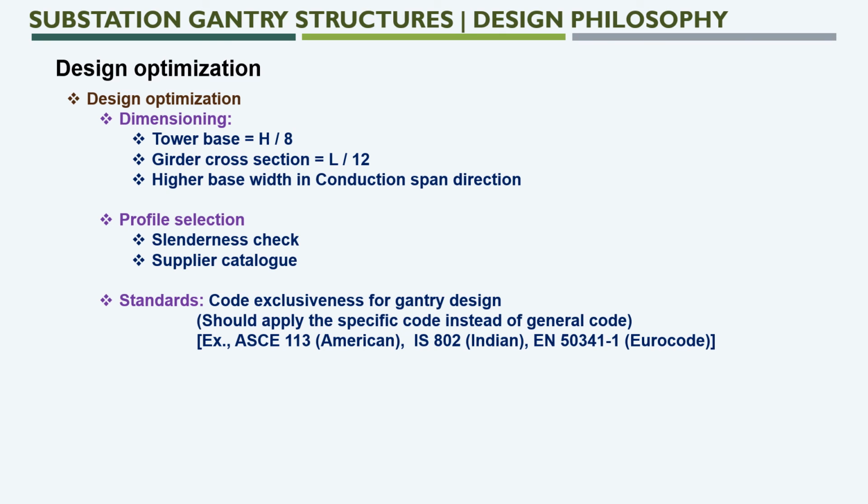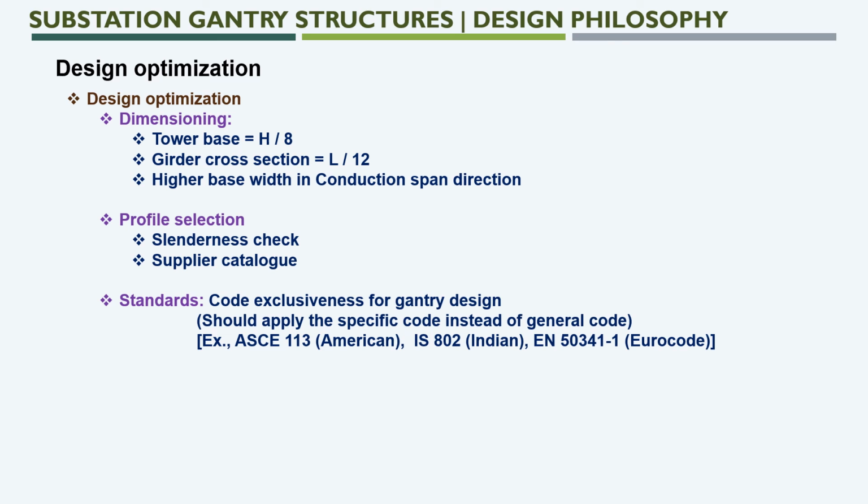Also the load combinations, which are as per ASCE 7 or IS 875 or European code EN 1990. So this ASCE 7, IS 875, EN 1990 are load combinations for general structures.